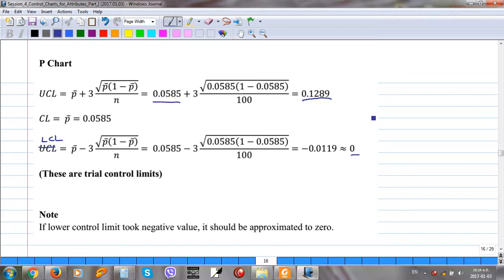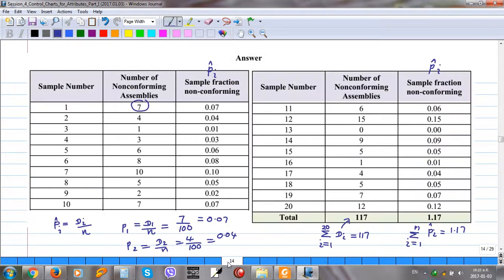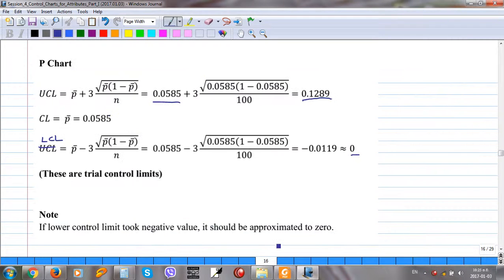Now actually we have to draw the control chart using these data, but I am not going to draw the chart. But now I have found these values, 0.1289 for the upper control limit.